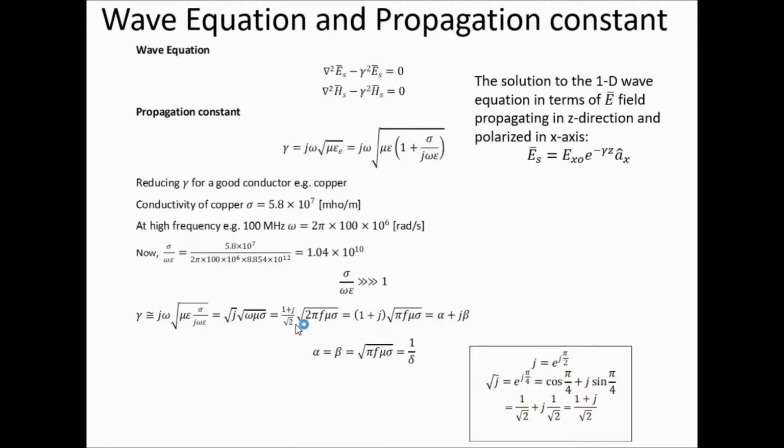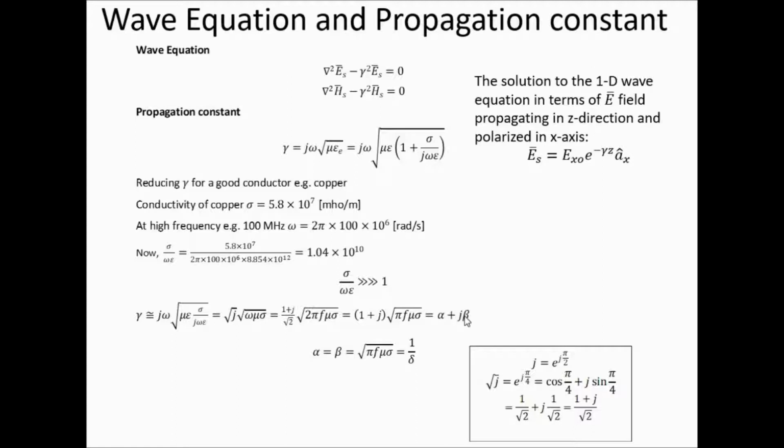Then omega we can write as 2 pi f, times mu sigma. That becomes (1 plus j) times the square root of, so if you cancel out the square root of 2 here, it should be pi f mu sigma. It has a real part and an imaginary part. We write the real part as alpha and the imaginary part as beta.